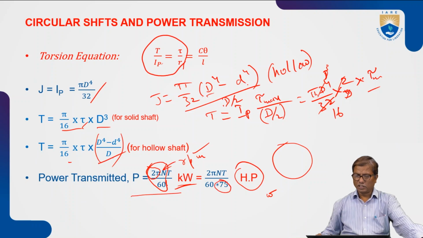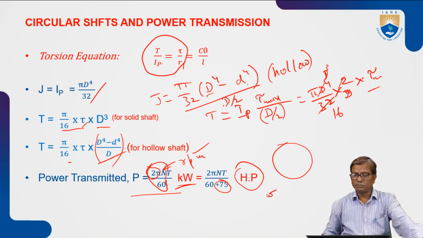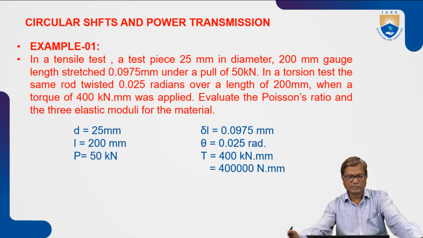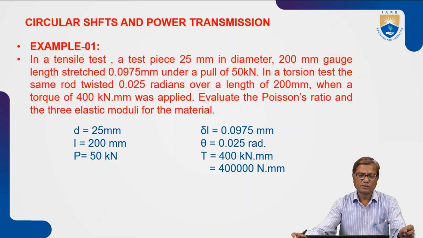If you want to express the power in horsepower, then it is given as 2 pi N T by 4500, that is 60 into 75. Okay, so with this formula in mind, we can proceed to solve some numerical examples.